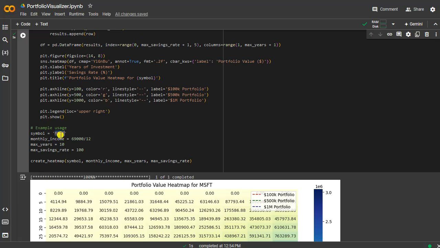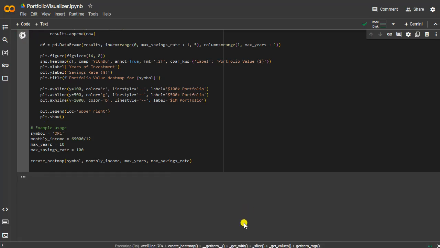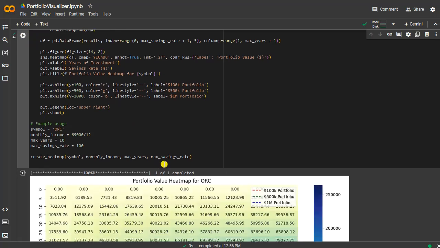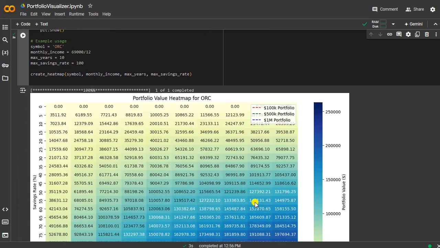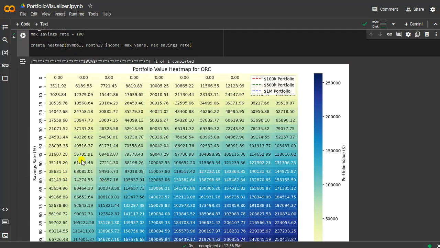Let's see if it has the data. Probably would have fared very well by doing something like this. So here we see, not quite as good as the others, but still quite a success, right?